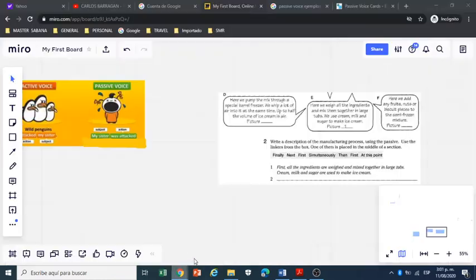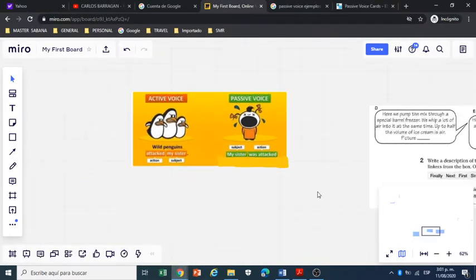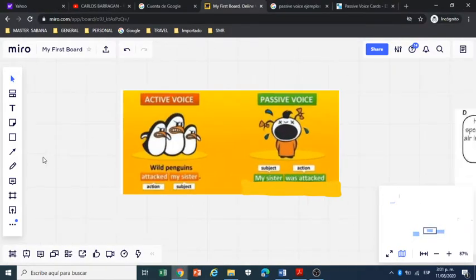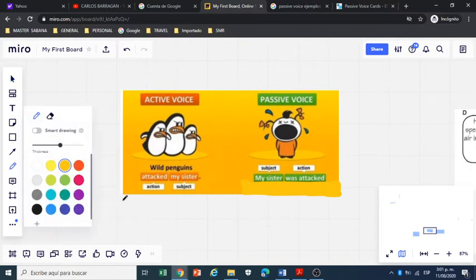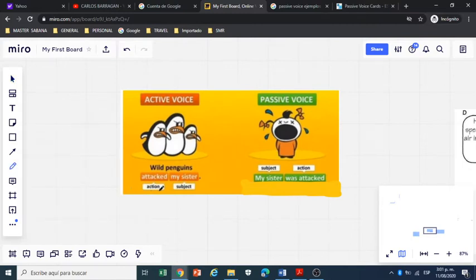What is the difference between active and passive voice? Active voice, the most important part in the sentence. What is the most important part in the sentence in active? The people, okay? The people of the sentence. The person who does the action.